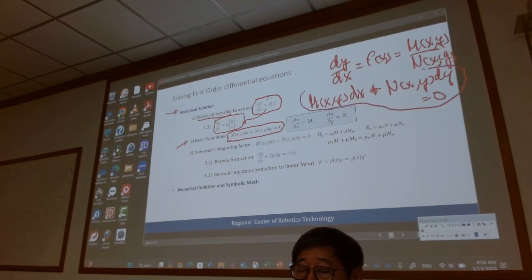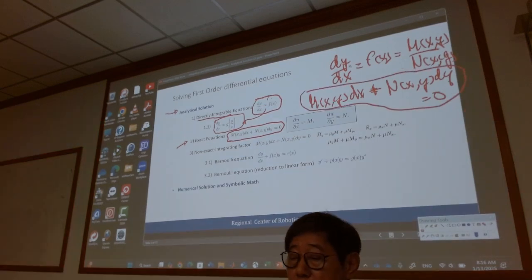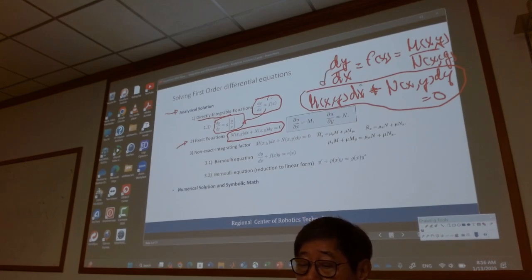You have this form, and if you can show that the partial of u with respect to x equals M, and the partial of u with respect to y equals N, and both of them are equal, in that case you can do an exact solution.